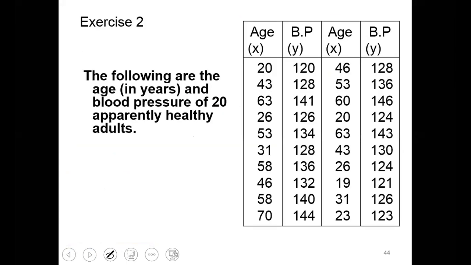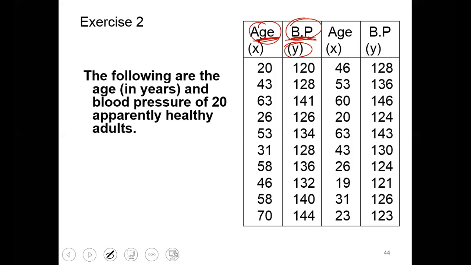So here we have another set of exercise. You can go through the exercise. Age and blood pressure, which are X and Y. We know that age is the independent variable, blood pressure is the dependent variable. Normally in exam, we don't say which is the X variable and which is the Y variable. You have to identify the respective X and Y variables. By looking at blood pressure and age, it is obvious that age is independent, blood pressure is dependent.